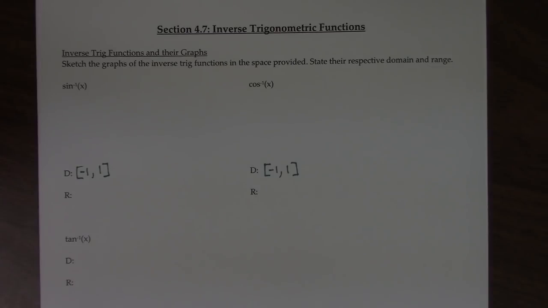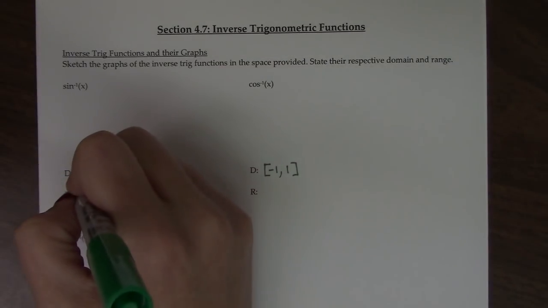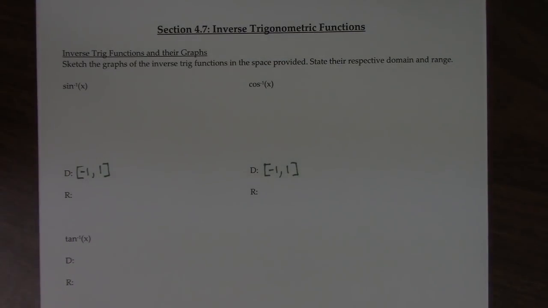The range, however, is going to be different because the domain of a sine and cosine wave is all reals, but the range cannot be all reals because we have to restrict the domain of the original wave in order to graph it. So for inverse sine, I'm going to go back to my sine wave to show you why we restrict where we do.